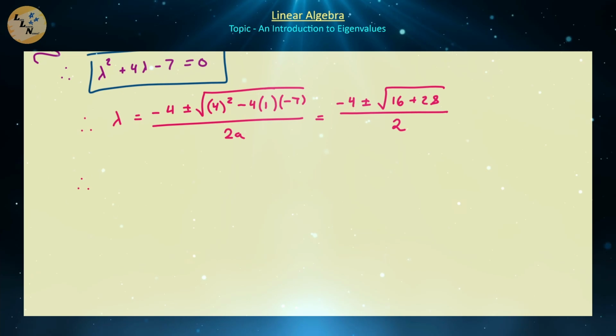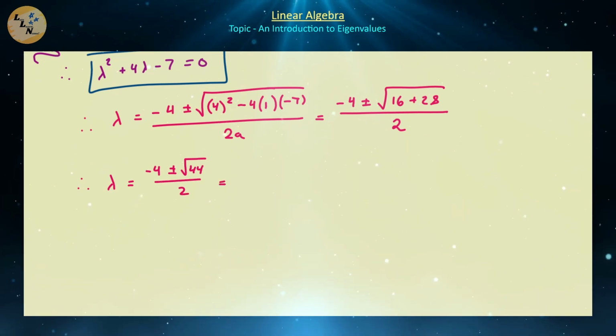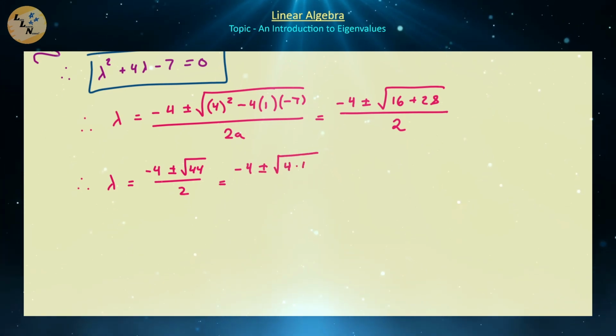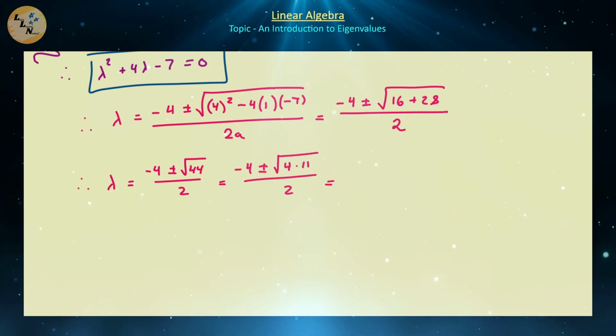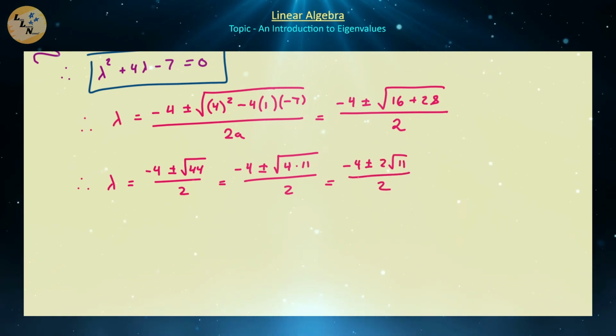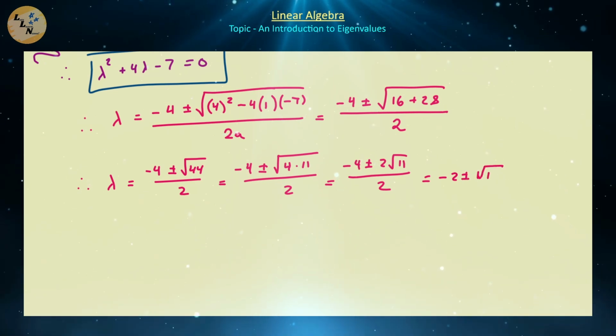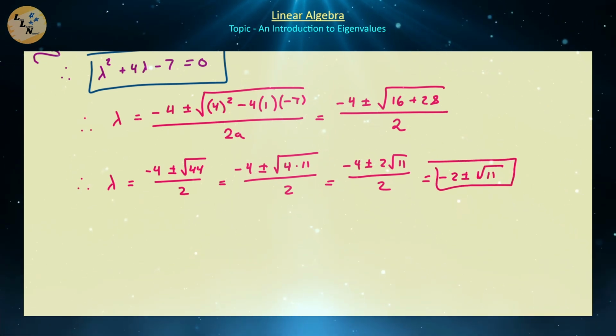So we have that lambda is equal to negative 4 plus or minus the square root of 44 over 2, and we can actually simplify this. Negative 4 plus or minus the square root of 4 times 11 all over 2, which is negative 4 plus or minus 2 square root of 11 all over 2, which is negative 2 plus or minus the square root of 11.